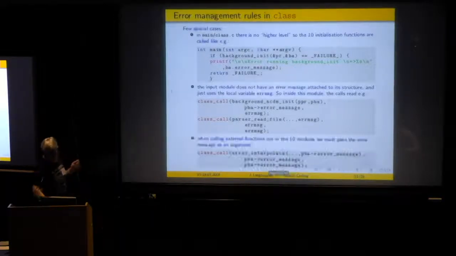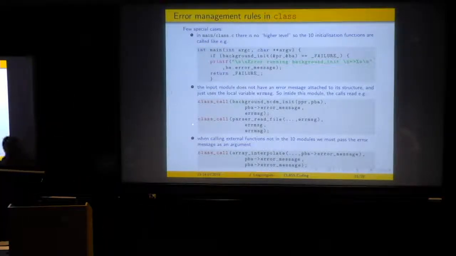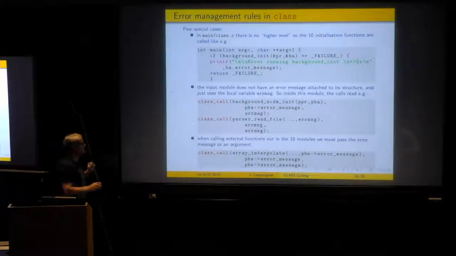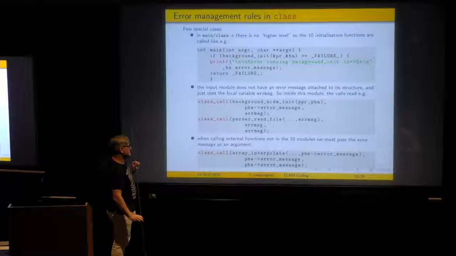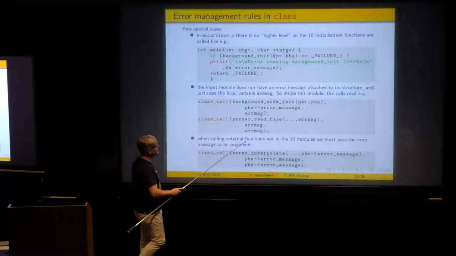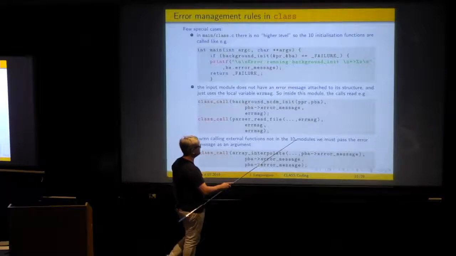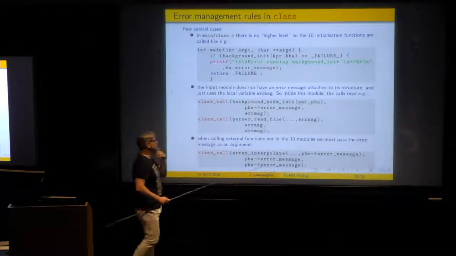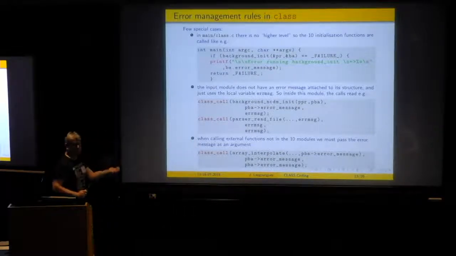And the last rule, this is really the most technical slide of the 2 days. So the last rule is the following. Yeah, but it's the same as here. When we call an external function that was not in the 10 modules, we must pass our error message ourselves.